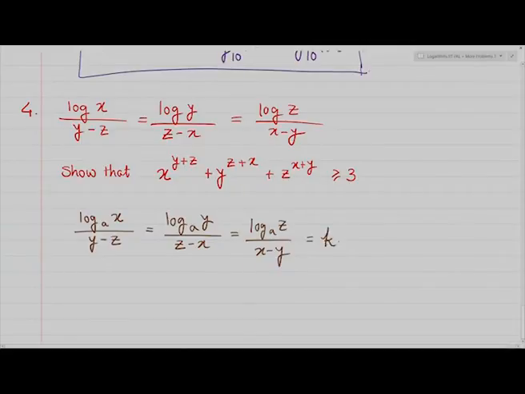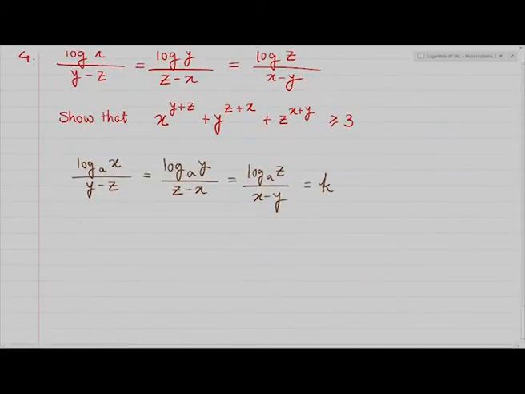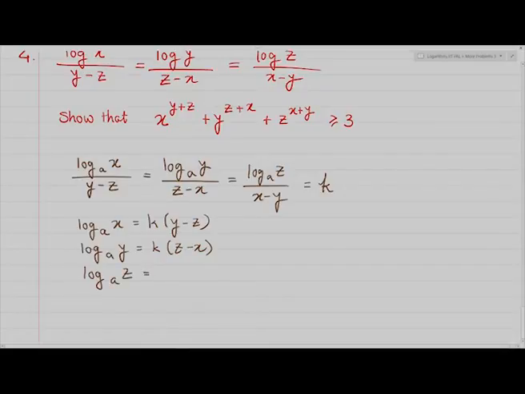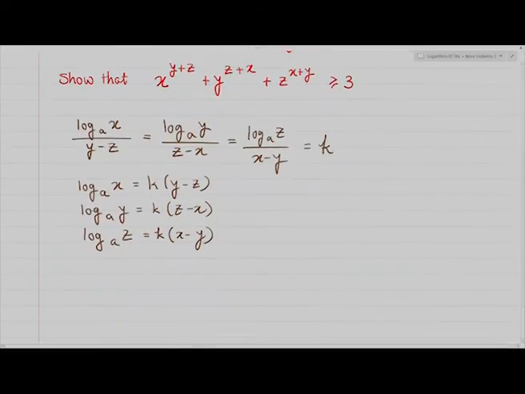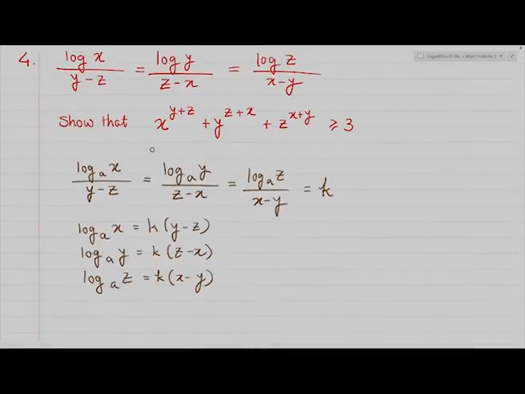Okay. Then what do I know? I know something like this. Log to the base a of x is nothing but k times y minus z. Also I know log to the base a of y is k times z minus x. Log to the base a of z is equal to k times x minus y. Fine. Now what do we want? We want to prove this thing.